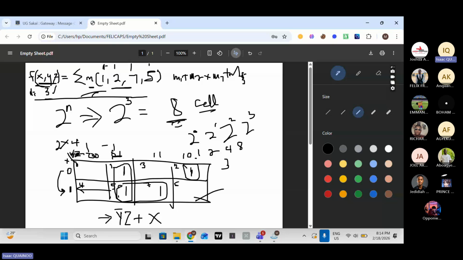So now let's compare our 0 and 1 here, which is the y values. If you compare this for the y values, you realize that y is changing. And whenever you have a specific value changing, you ignore it. It practically means that these adjacent cells selected are independent of y. And then we come and check the next one, which is 1 and 1, which is the corresponding z values.